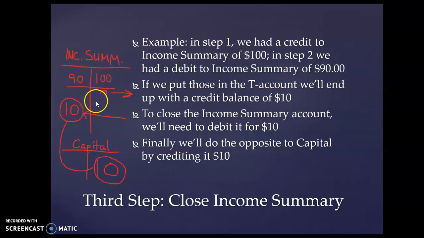We put those into our income summary T account. We foot and balance, big number minus the small number, put it under the big number. So 100 minus 90 is 10. $10 credit balance. I'm going to need to debit income summary to bring it down to 0. Then I will do the opposite to the capital account. I will credit the 10.